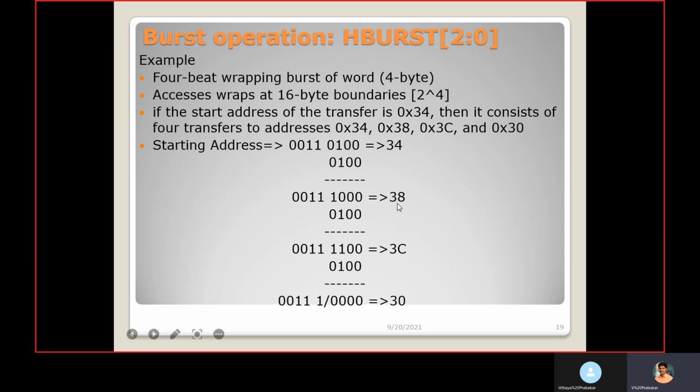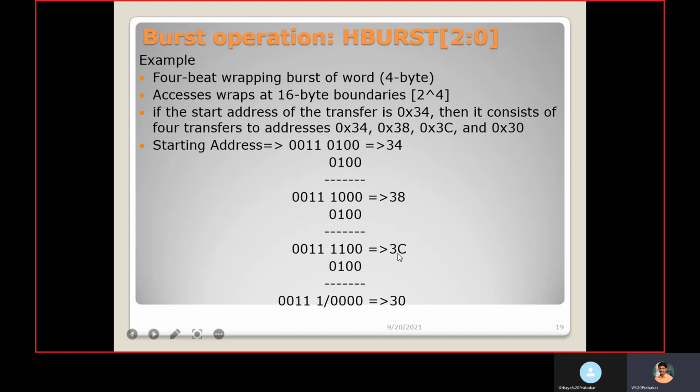So 38 is the next address. Then for the next 4 bytes, I am adding 4 again to find the next address location. 0011 1000 plus 0100 gives 0011 1100. Now it is 3 and this is C.